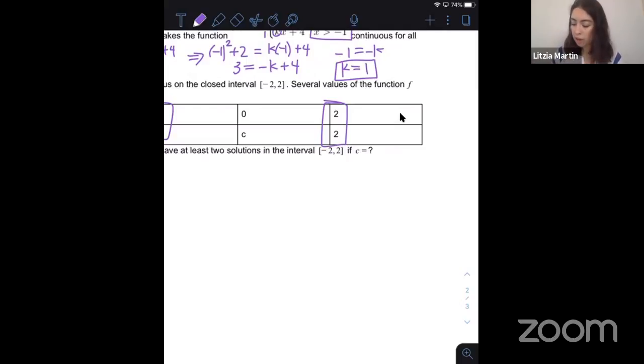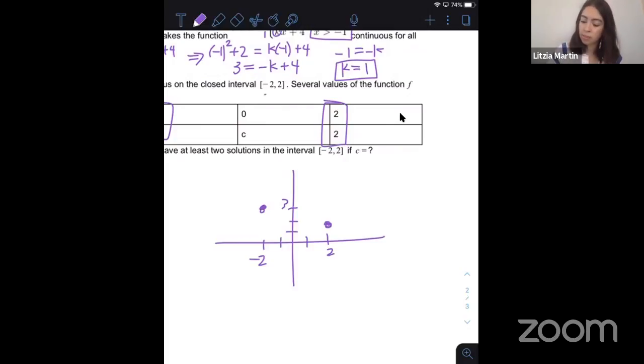So basically, if I were to draw this out, we have the point -2, 3, the point 2, 2 is the next point there, and then we have this point 0, c.